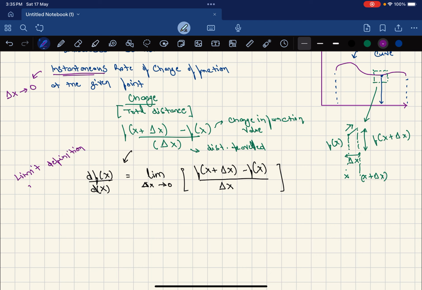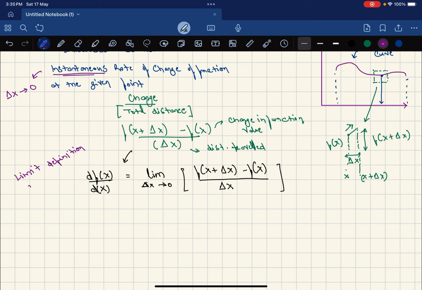So this is how we get the derivative of a function, and if you note here, this value is also nothing but the slope of the function at that point. This can be seen from the magnified image which we saw earlier.